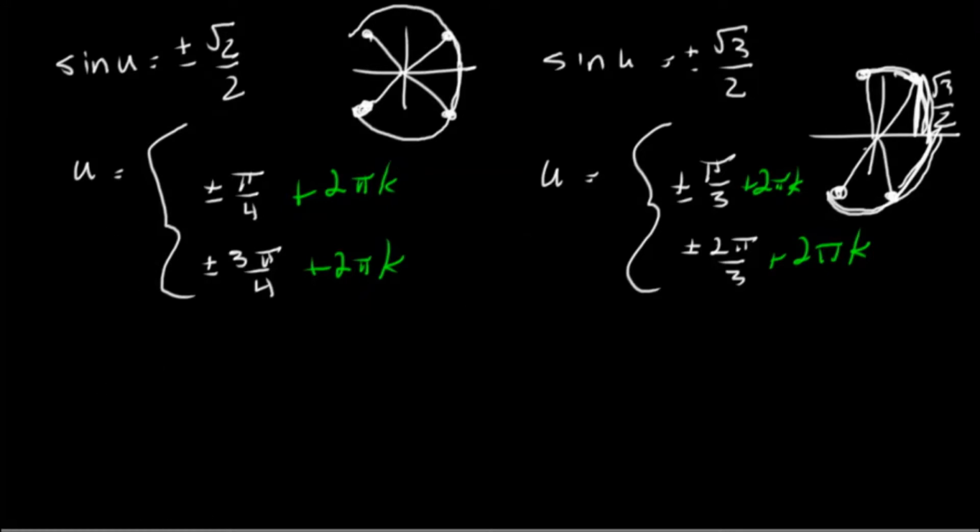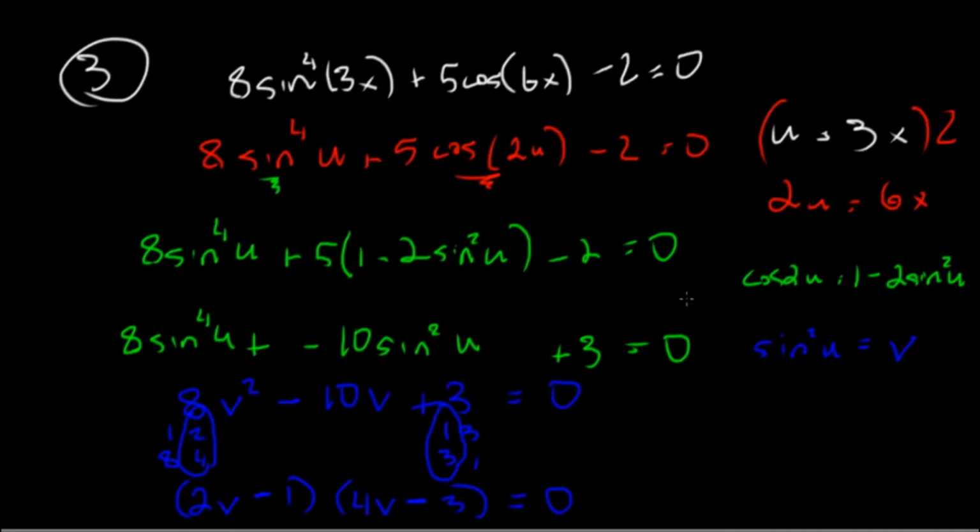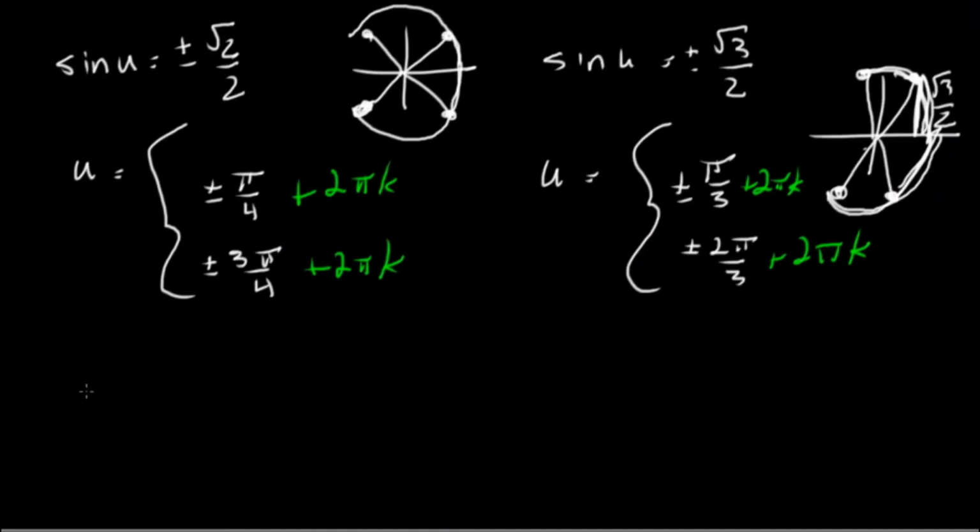Now it's time to backtrack with the u. So if I jump back to here, u was 3x. So let's go ahead and write 3x there. So 3x is equal to plus or minus pi over 4, plus or minus 3 pi over 4.